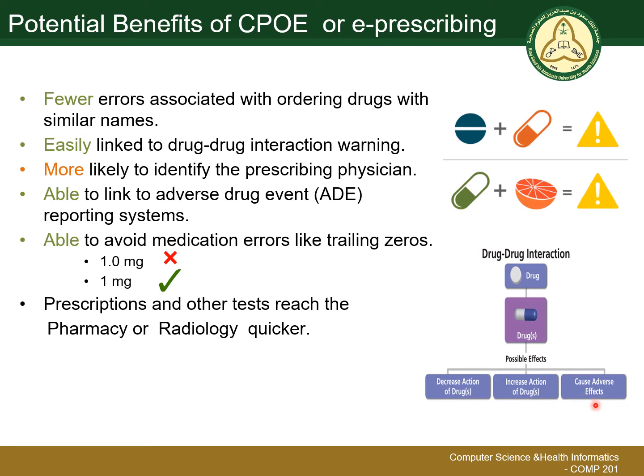So with having warnings, the pharmacist can change the drug or the dosage according to the warning or the decision support system suggestions.